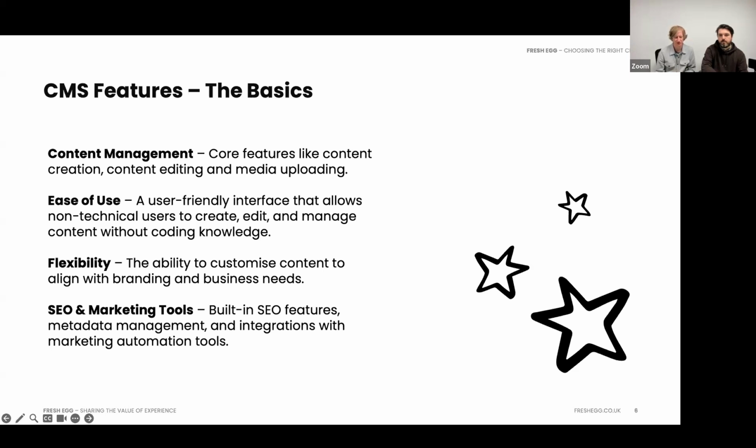But on the basics, there's a lot of CMSs out there today. So when we were doing that feature to feature comparison, maybe being really relevant 10 years ago, maybe even up to 6 years ago, but with the breadth of CMSs available now, they should all be hitting these basic requirements. They should all be flexible. You should be able to manage your content easily. They should definitely have some good SEO and marketing tools.